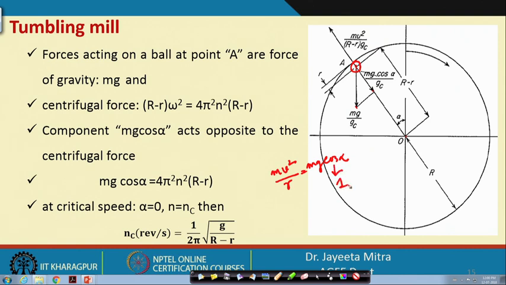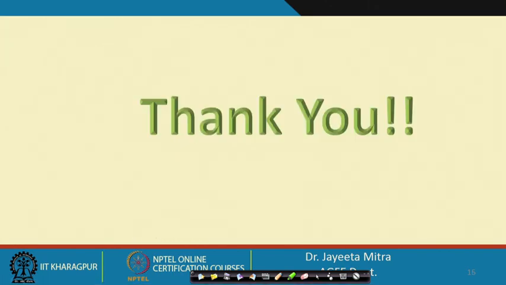Cos alpha is 1 because we are considering alpha to be 0. Here this r is actually capital R minus small r, because we need to take the distance from the center of the mill to the center of the ball. So, this is how we can calculate the critical speed of the ball mill. We will stop here and continue in the next class. Thank you.